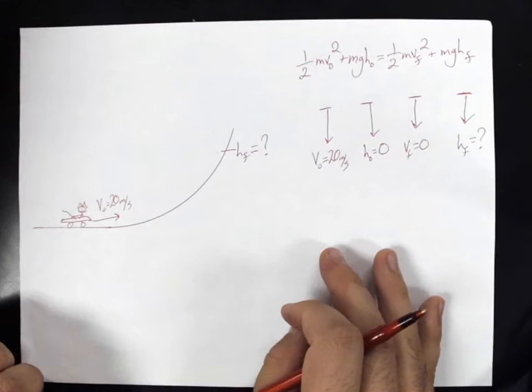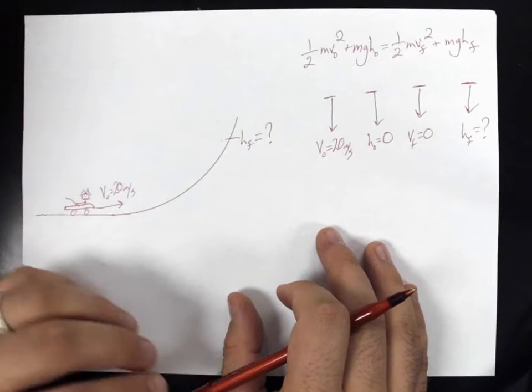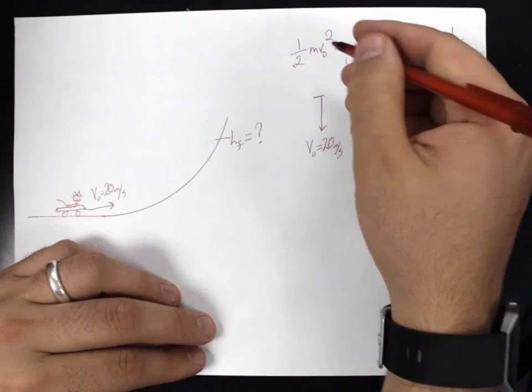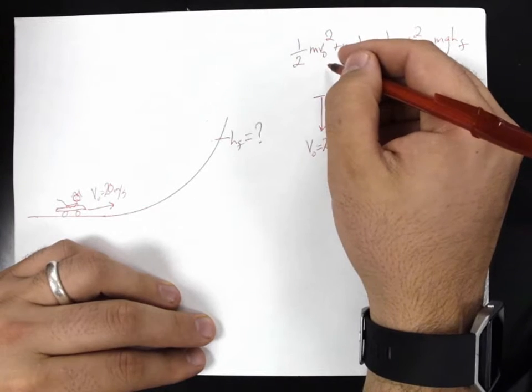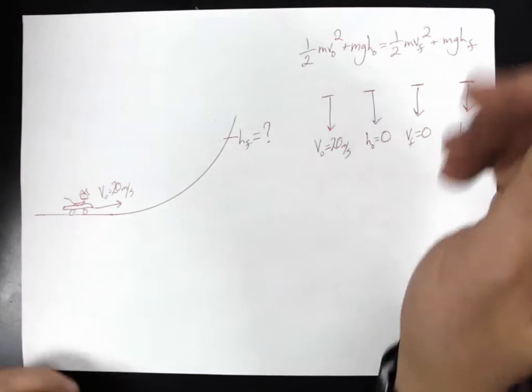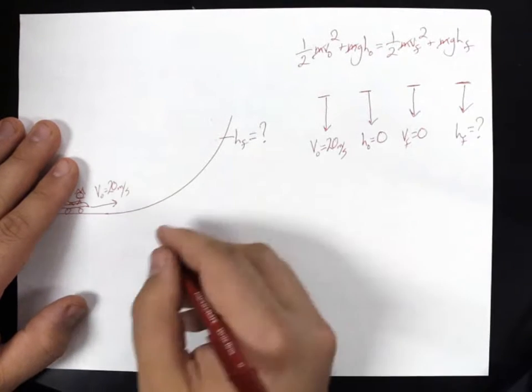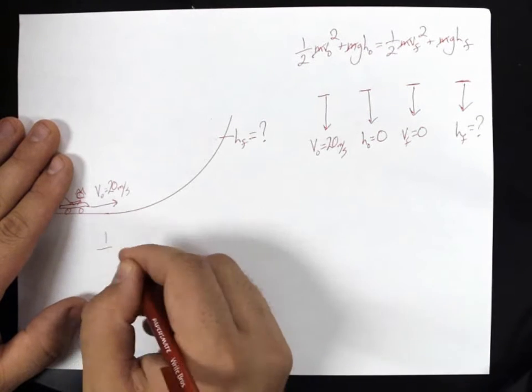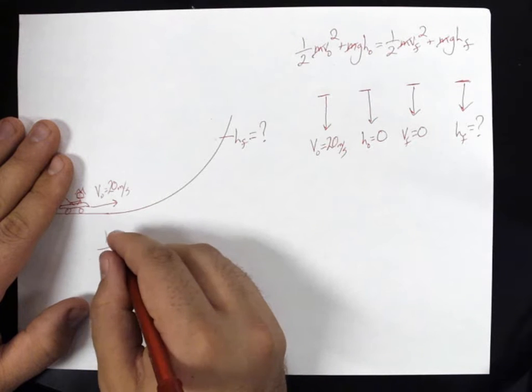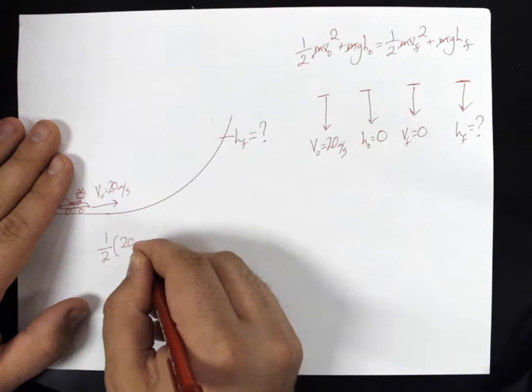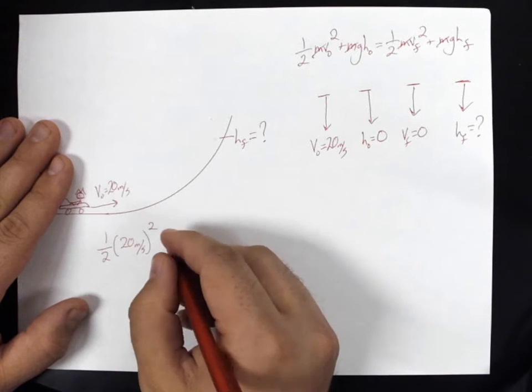So once again, just like last time, all you got to do is place the numbers in the conservation of energy and then solve for what you're missing. Okay, so let's do that. First off, let's cancel the m's because they're in every single term. Nito burrito. 1/2 times our initial speed, which is 20 meters per second, we're going to square that.